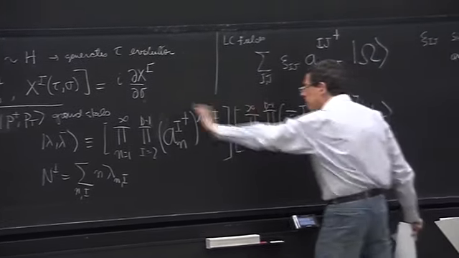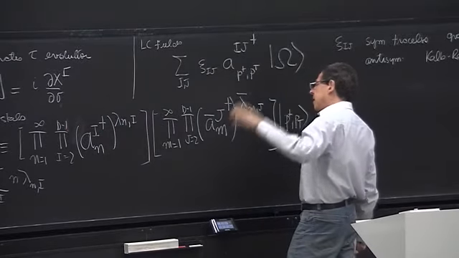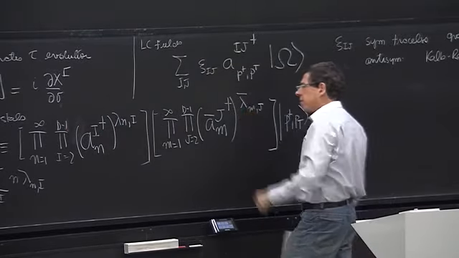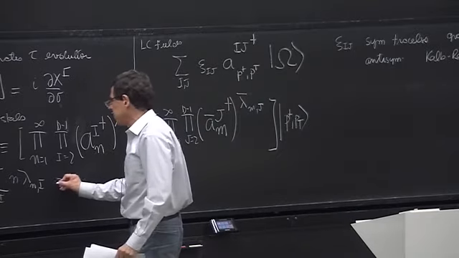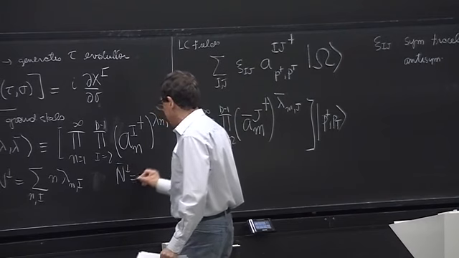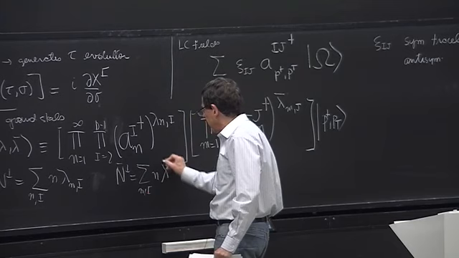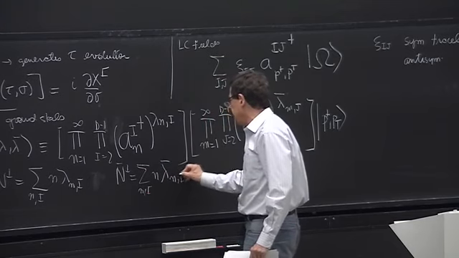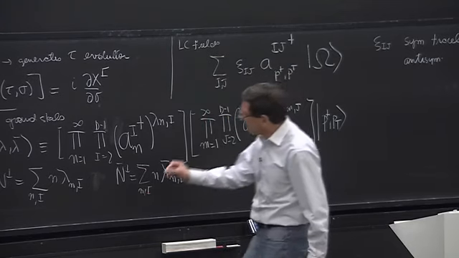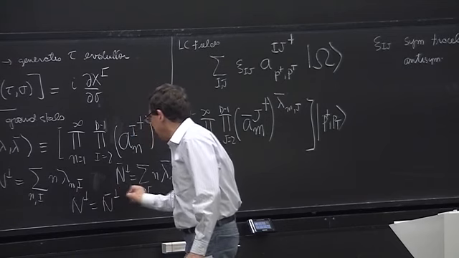But the total number from these oscillators, the right-moving oscillators, must be equal to the total number from the left-moving oscillators. So this must be equal. Well, I'll write the n bar perp is the sum over n and I again, n lambda bar n I. I don't have to use J's there. And of course, these two numbers must be the same.